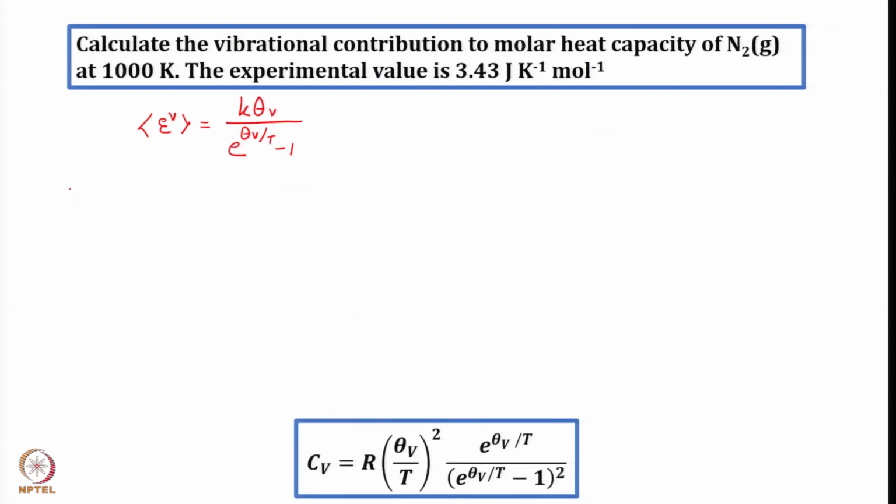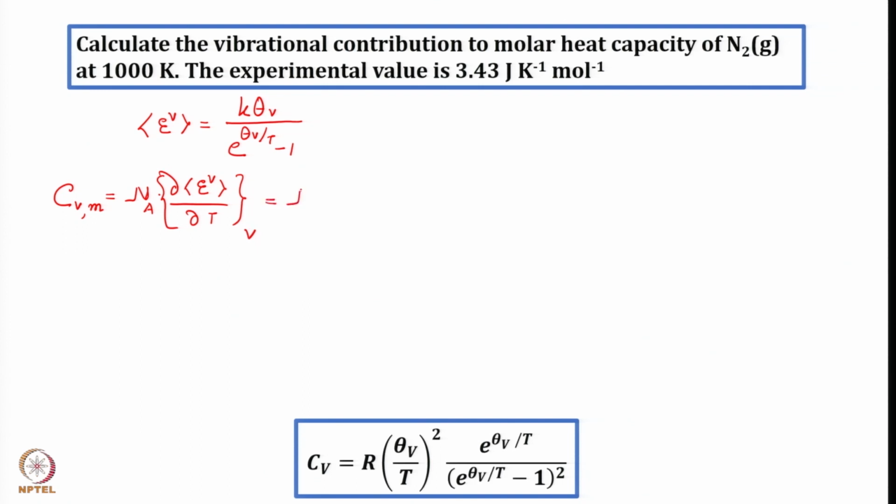Now we are interested in CVM, which is equal to Na times the derivative of delta E with respect to T at constant volume. Since there is no volume term appearing in this, I may as well not write constant volume, but it's okay.